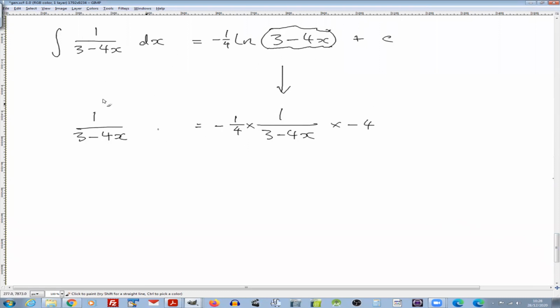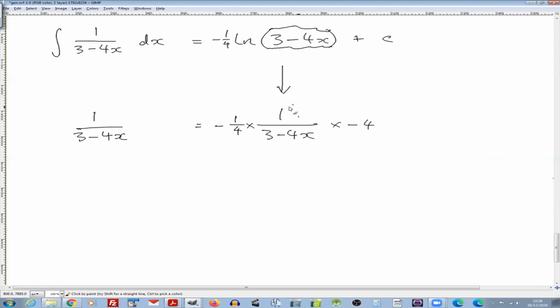But no harm or shame in doing a diagram to make it completely clear. And then you can, because you always want to check immediately by differentiating an integration, differentiate straight away. Say, check this. What would happen if I was differentiating that?